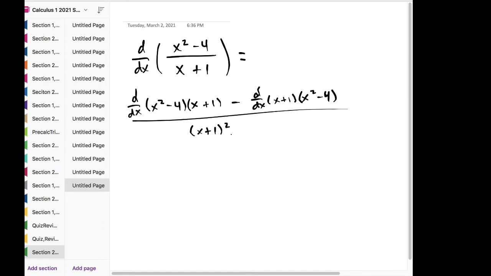What's the derivative of x squared minus 4? It's 2x. The derivative of x squared is 2x, and the derivative of 4 is 0. And then what's the derivative of x plus 1? Yeah, just 1.